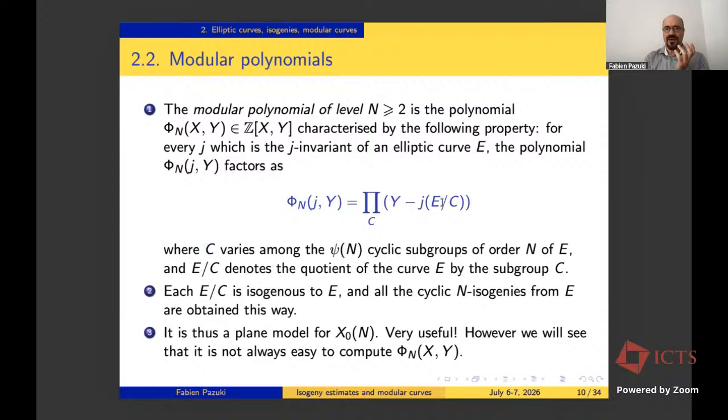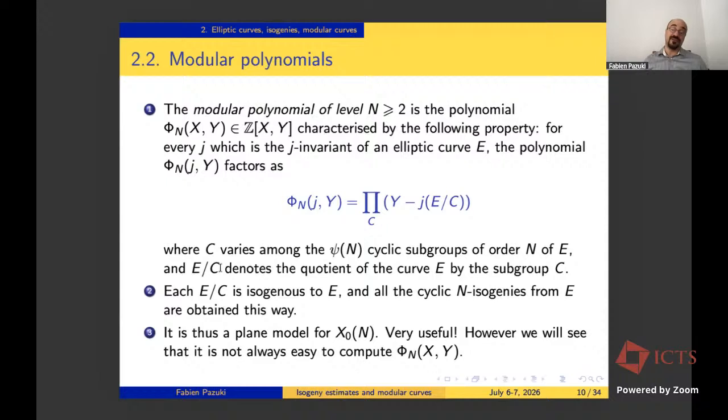Yeah. So now there is a concept of quotient of curves. If you have a curve, you can take the quotient as a variety of the curve by this subgroup. And now this gives you something of dimension 1 that satisfies the exact same properties as E. It is also an elliptic curve.